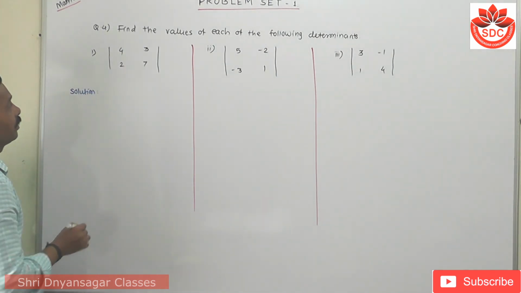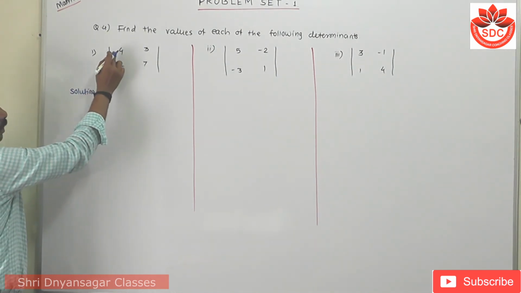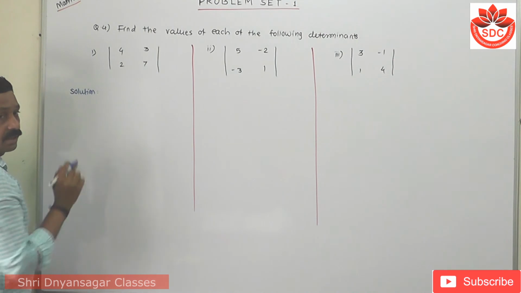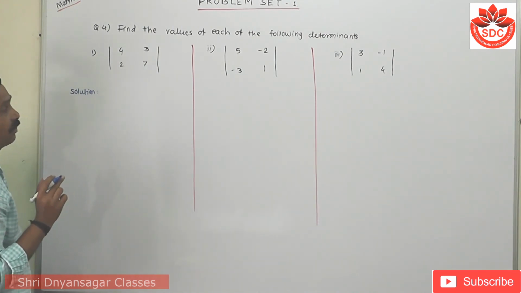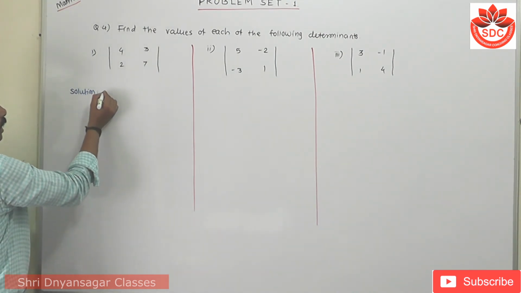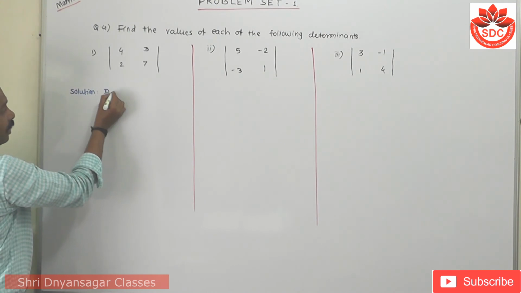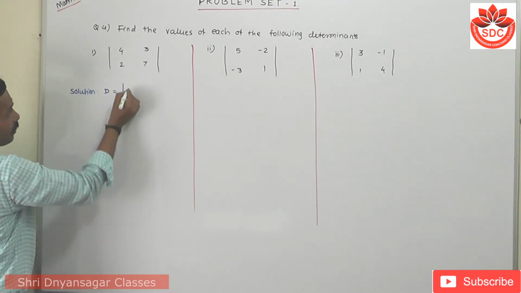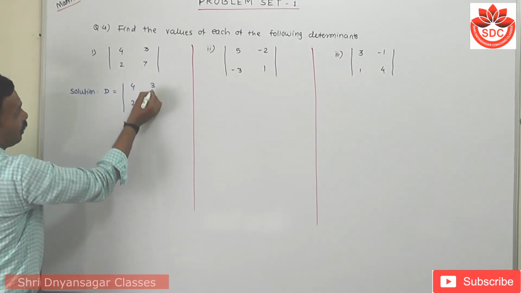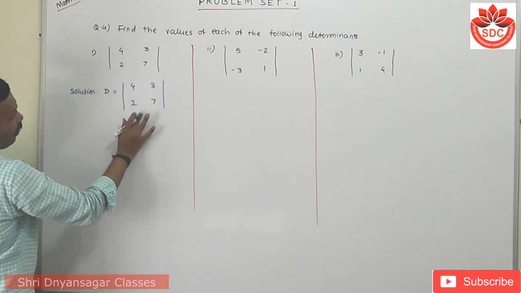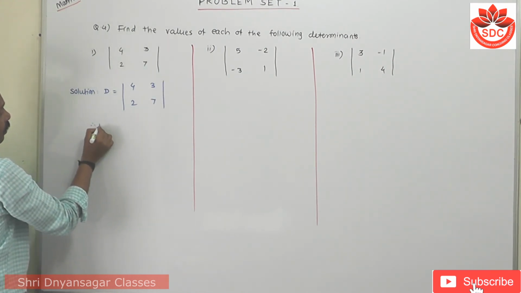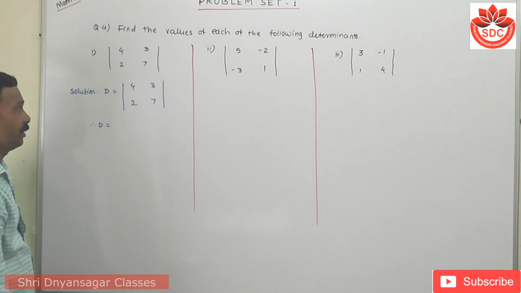First question. Here is A, B, C and D. We know the rule to find out the value of the determinants. Now first I have to take the determinant D equal to 4, 2, 3, 7. Now we can find out the value here.